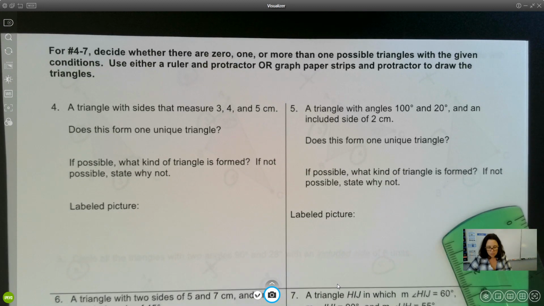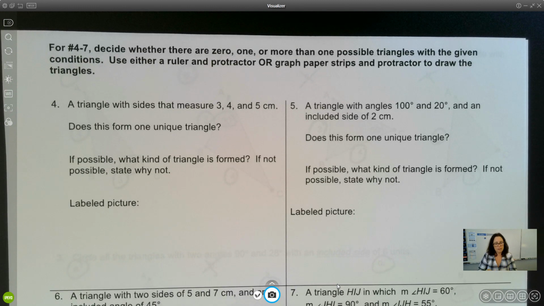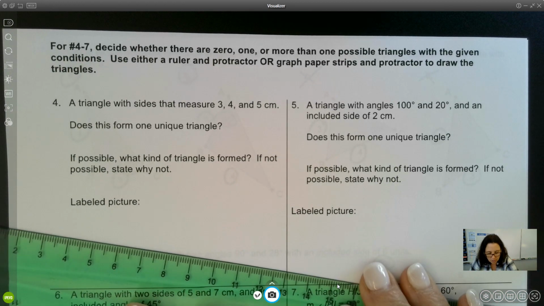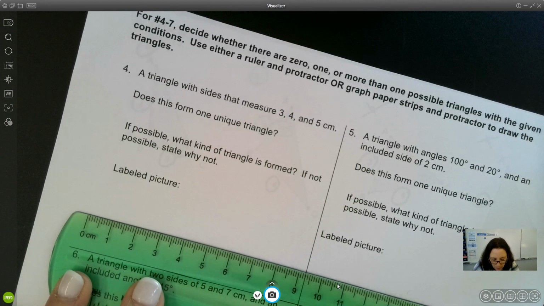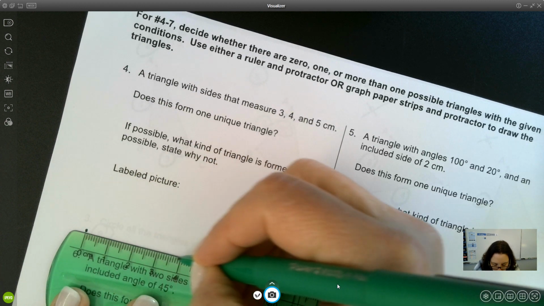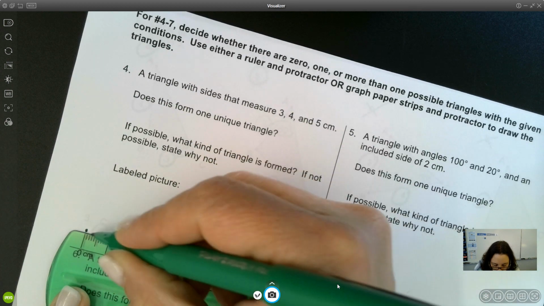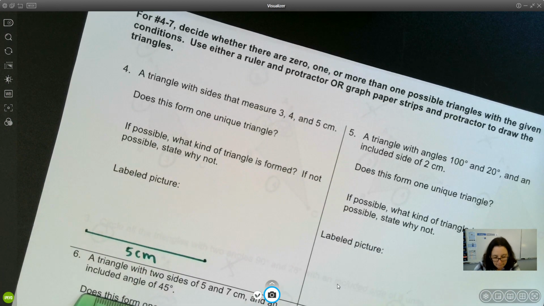All right, so I always draw my longest side first, 5 centimeters. Okay, if I'm starting at 0, 1, 2, 3, 4, 5 centimeters. Label. Okay, now I need a 3 centimeter and 4 centimeter side.